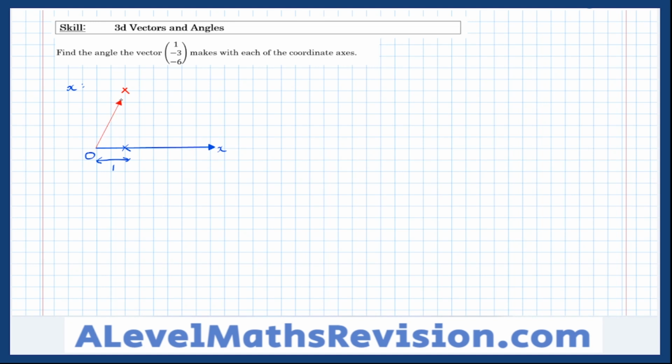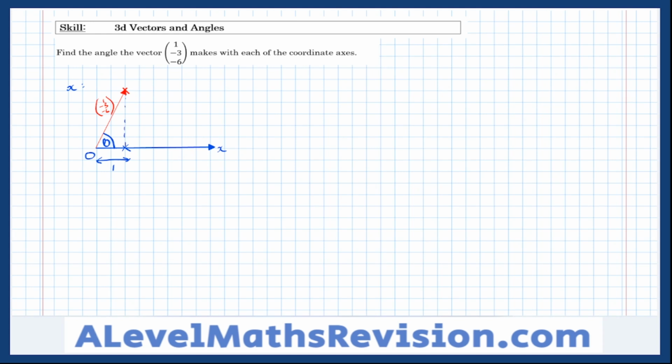This here is my vector (1, -3, -6), and the angle I'm trying to find is this one here, theta.